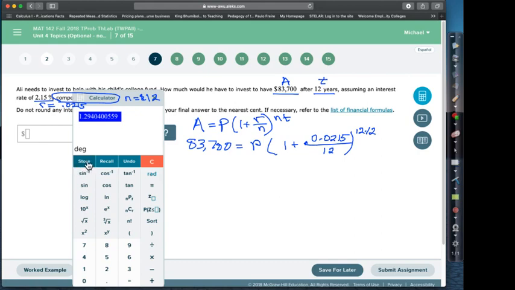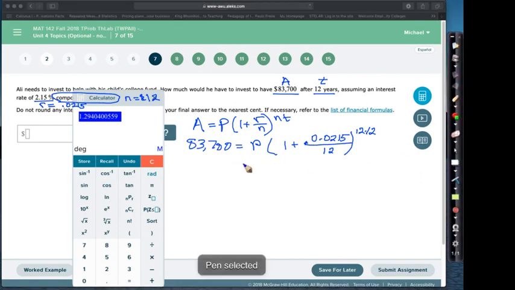We're going to store that number in the memory, because what we have to do is divide this side by that number, because what we've calculated is that 83,700 equals P times 1.29404, and the decimals keep on going.